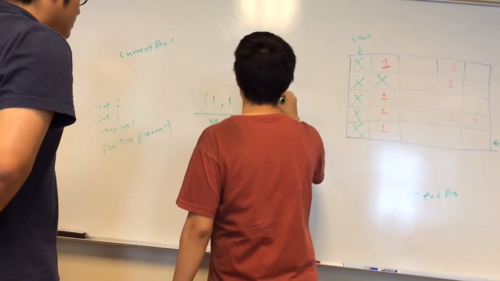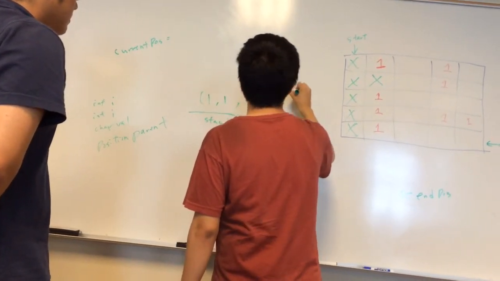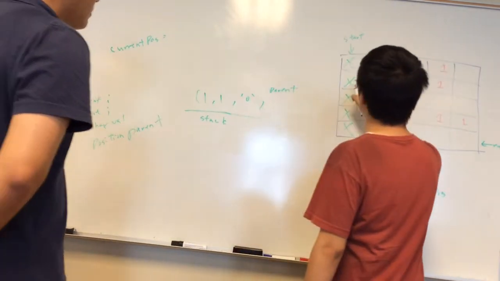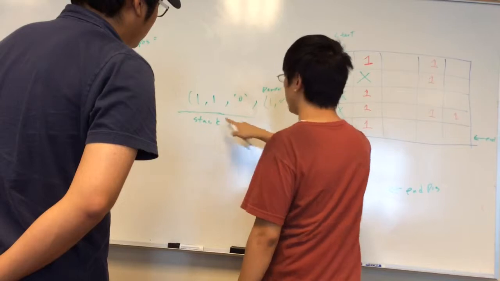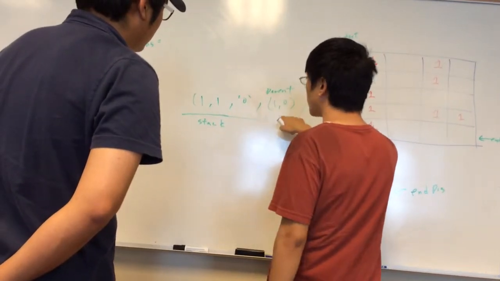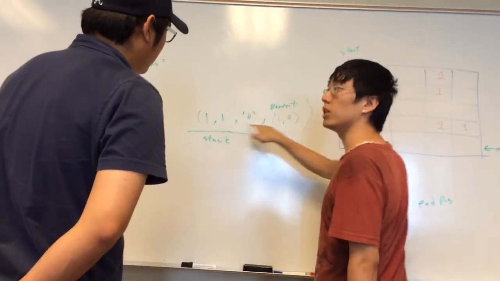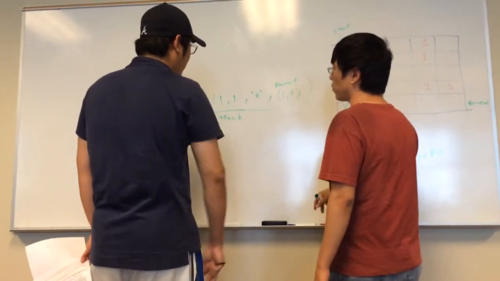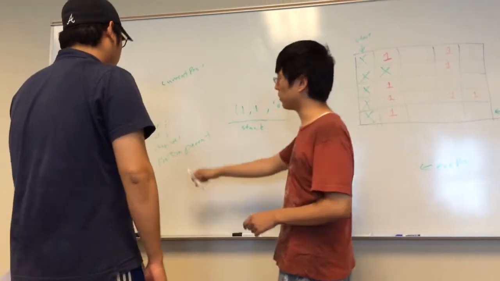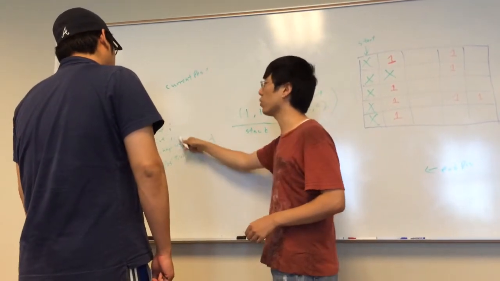But you should also know its parent. Its parent is 1, 0. So when you push a position to the stack, you have to make sure the parent is also included in that object. So it's not 3 variables, it's 4. There's 4, exactly. If you look at the position constructor, there's actually 4.